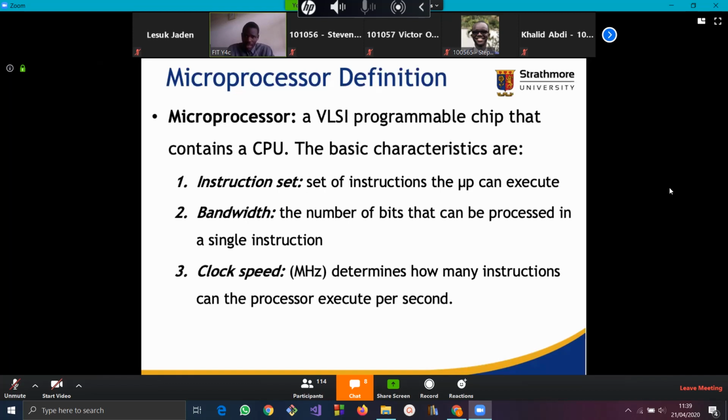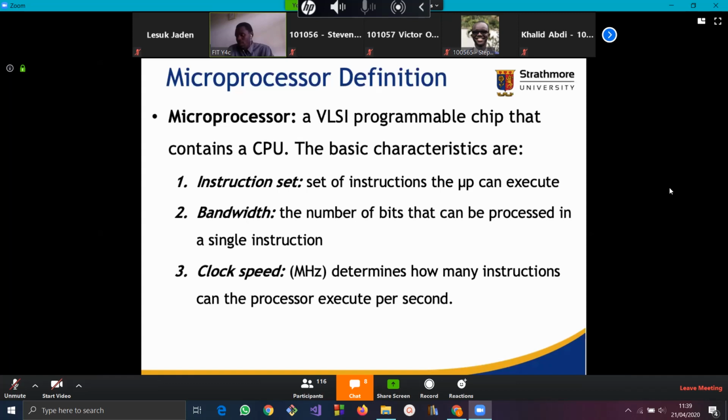This is the number of instructions the processor can execute per second. Okay, so don't confuse bandwidth and clock speed. Bandwidth is the size of the instructions. Clock speed is how many instructions the processor can execute per second.